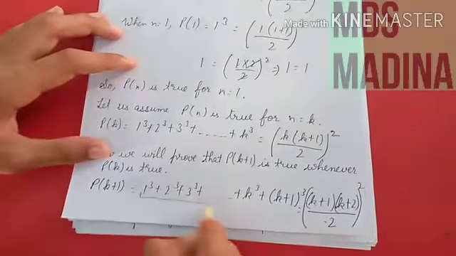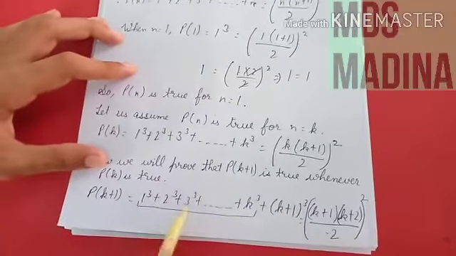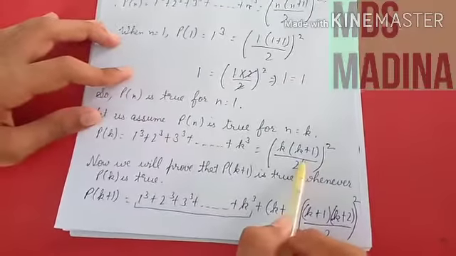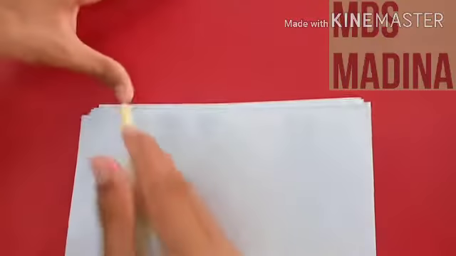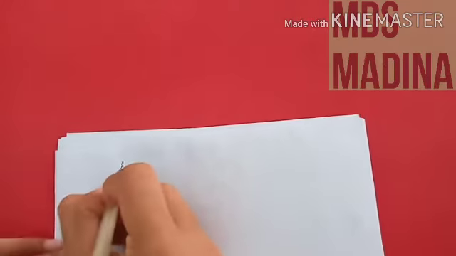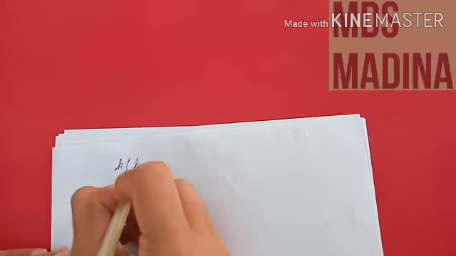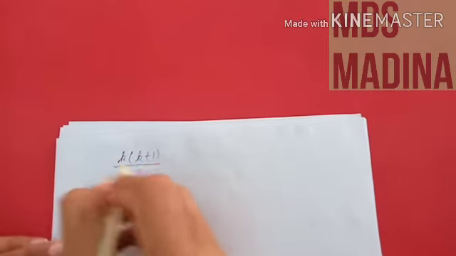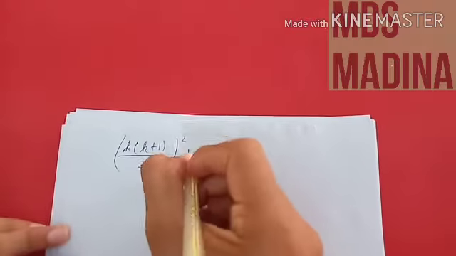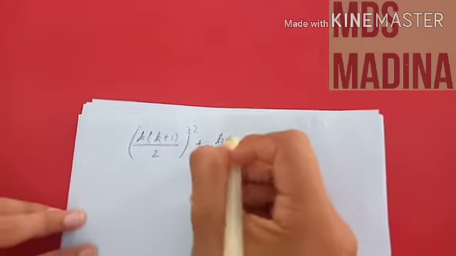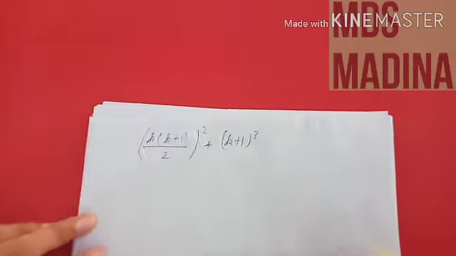Now if you take left hand side, this value is known to us that it is this. So in place of this we will write it. So that means we are getting k into k plus 1 by 2 whole square plus k plus 1 cube.